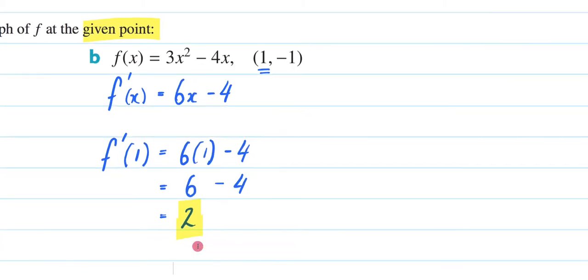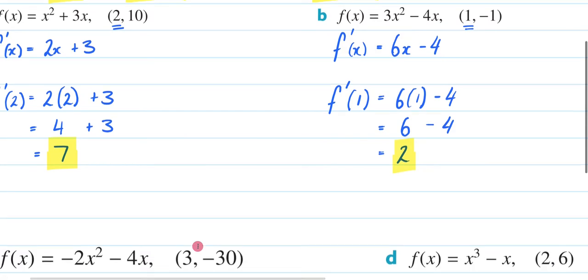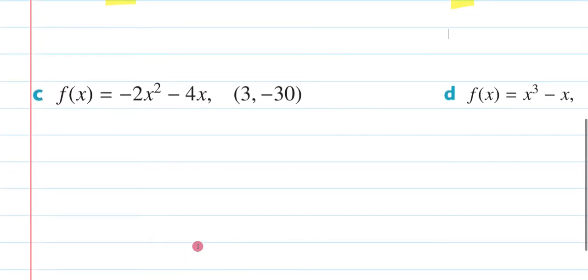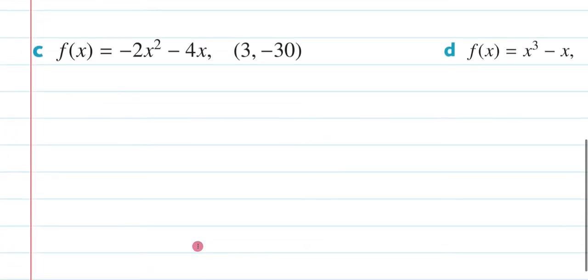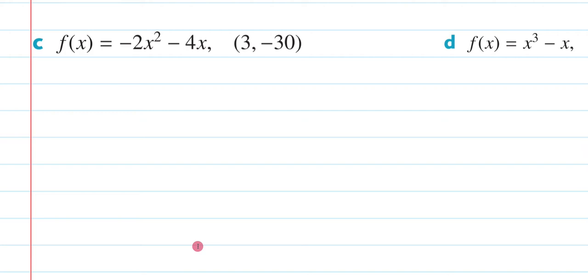So let's now scroll down and answer our next one. So here, again, we're going to find our derivative, which is going to be negative 4x minus 4.